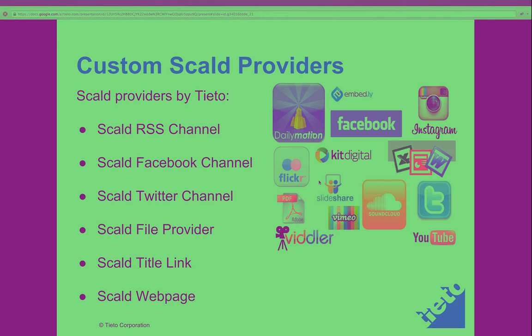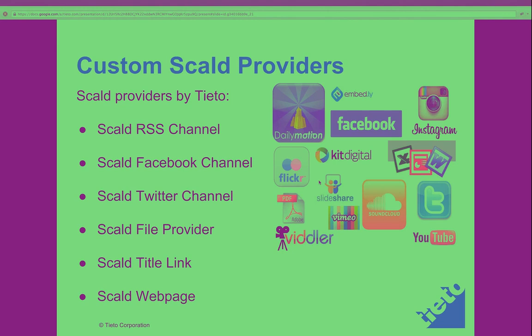Yes, but this Dailymotion is a part of Scald itself, so it is a separate module under Scald, but it's provided with the module when you download it. And we have done 2 of these ourselves. So Scald RSS channel, this is for populating RSS feeds to the website.